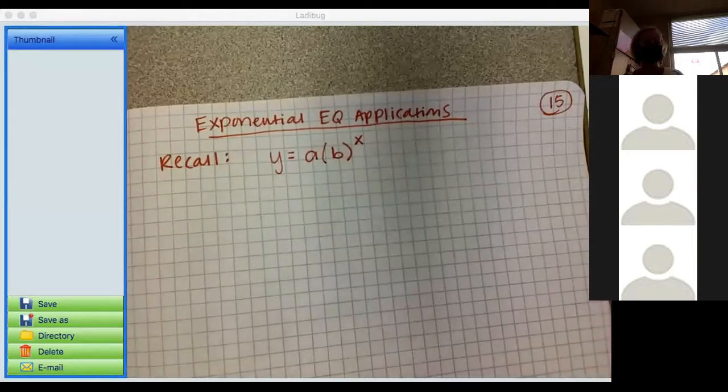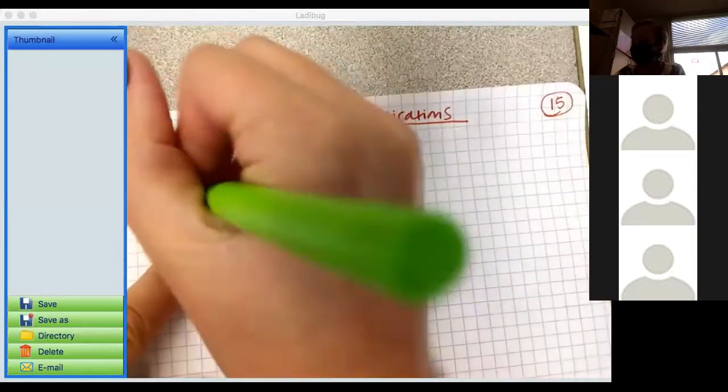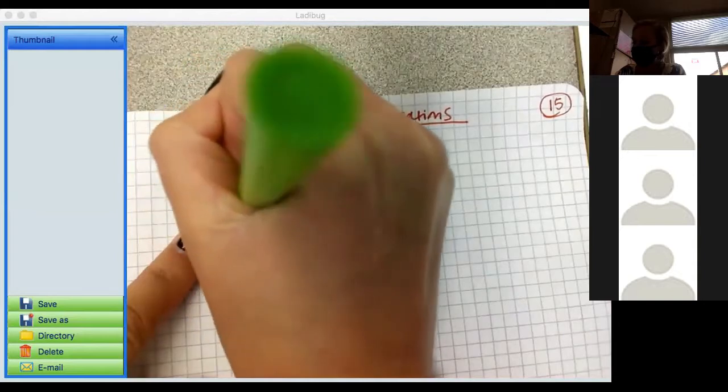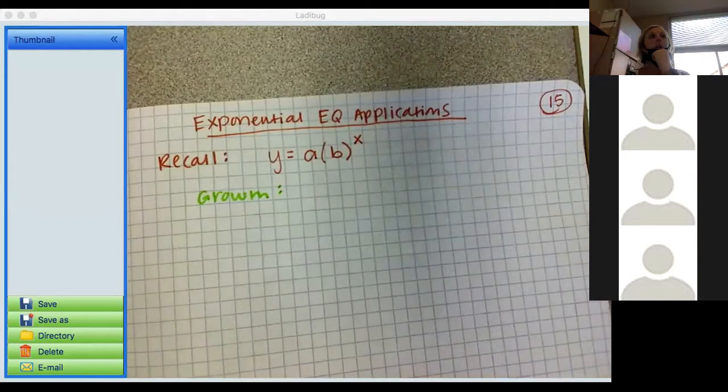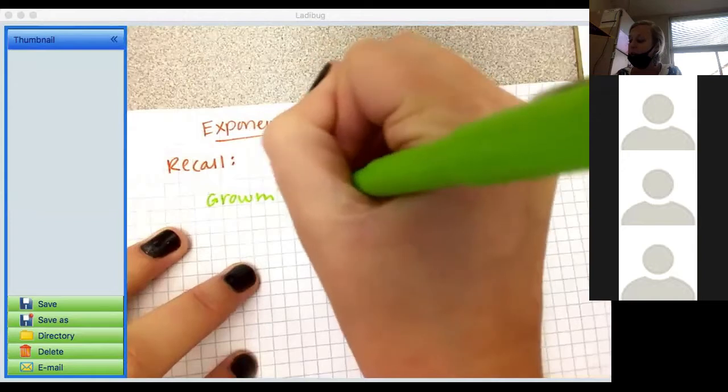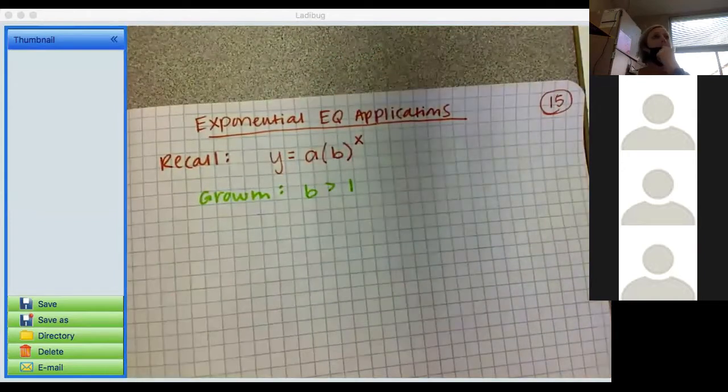So I'm hoping we remember if an exponential function is growing, the B should be, they're all positive. Good. If it's growth, B is greater than 1.